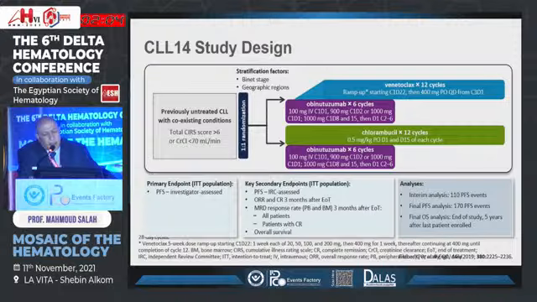Venetoclax starting on the day 22 from the cycle 1 by 20 milligram, and every week ramping up the dose till they reach 400 milligram orally on day 1 on the cycle 3. And the other arm receiving chlorambucil and emtricitabine. The primary endpoints were the progression-free survival by investigator assessment, and the second endpoint was the overall response rate, the MRD negativity, and overall survival.